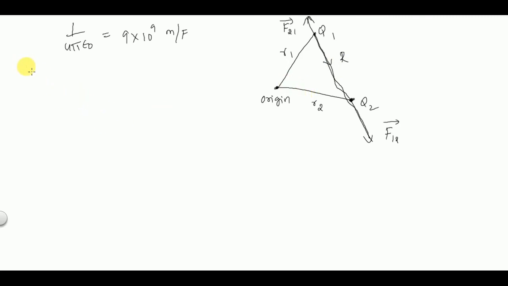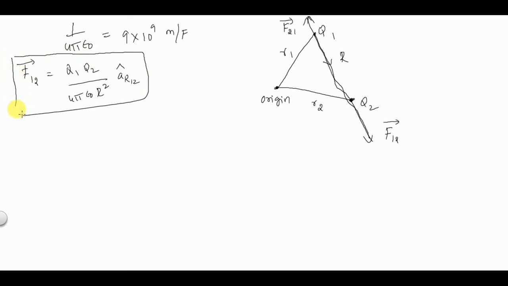Then F12 bar is equal to Q1 Q2 by 4 pi epsilon naught R square a_R12 cap. This is the basic formula of Coulomb's law, the force exerted between two point charges Q1 and Q2.